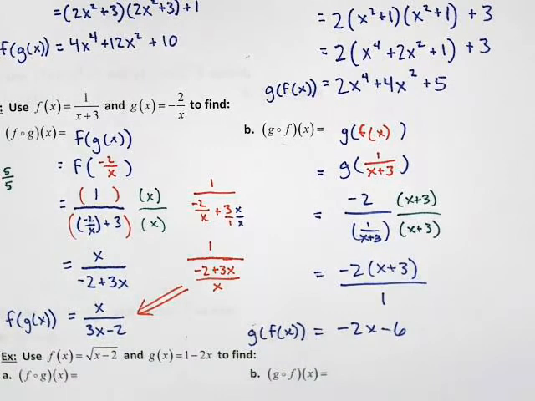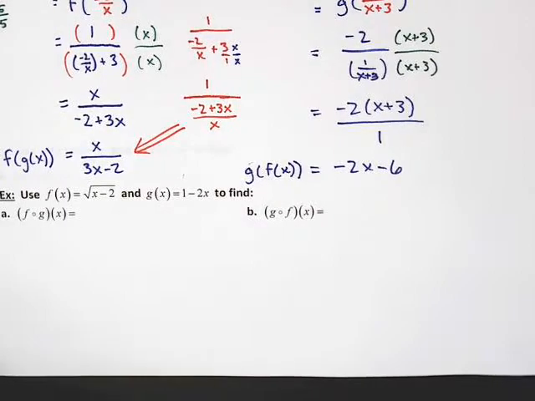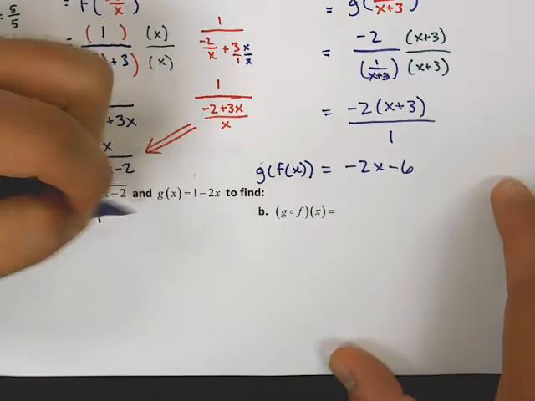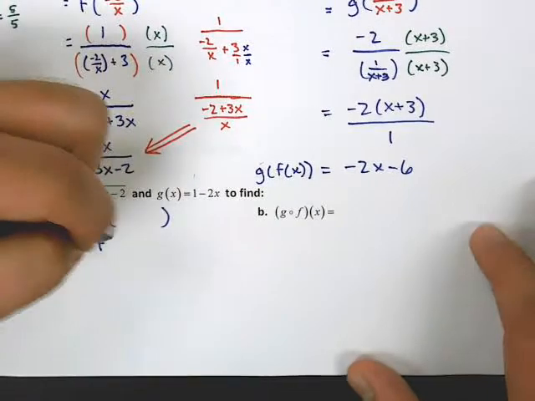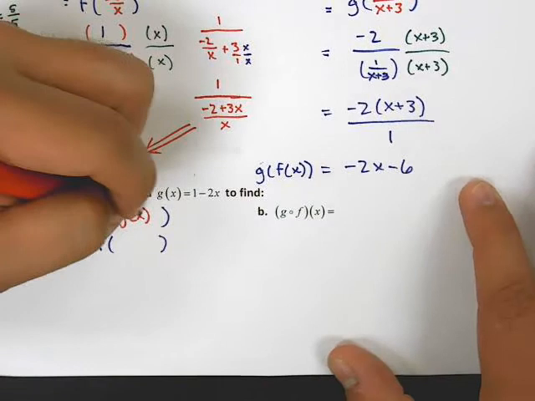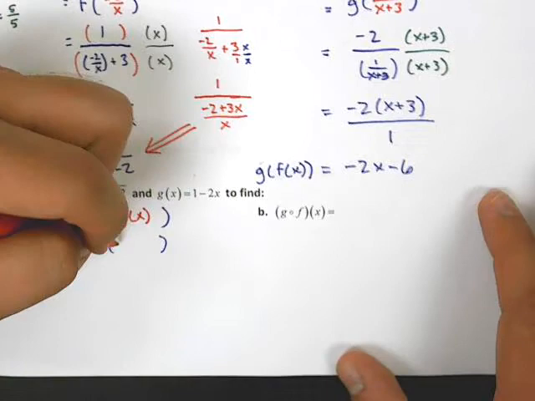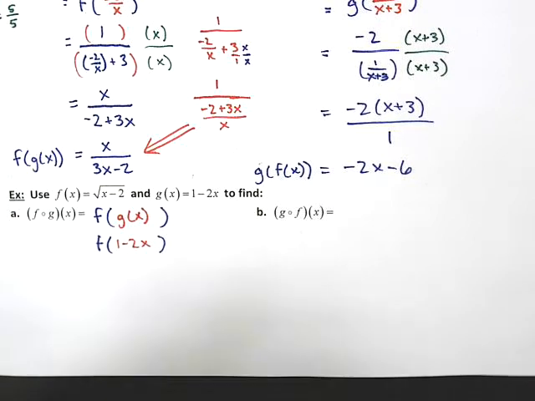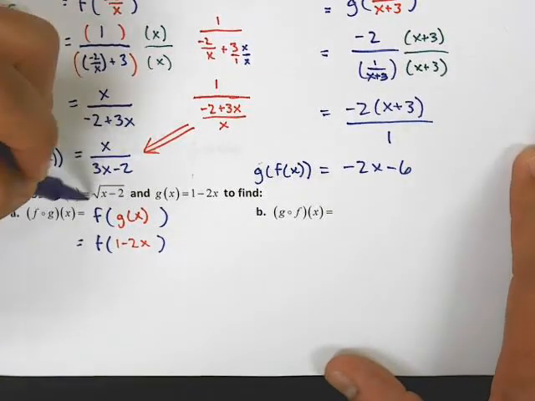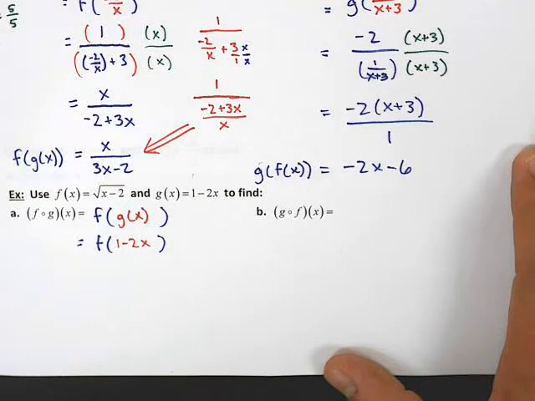Alright, so we can also have radicals, like in this next one. Once again, rewrite f of g of x, and we know g of x is 1 minus 2x. So now what does it say? It says that we are going to square root the input minus 2.